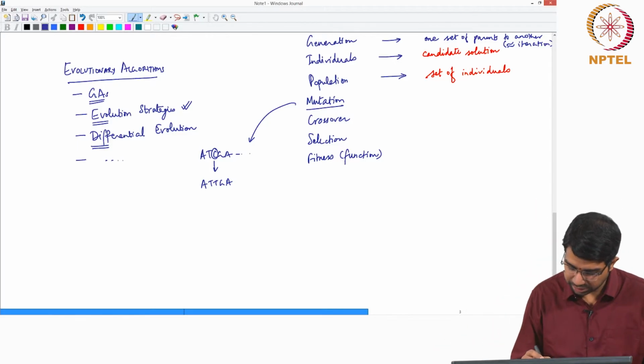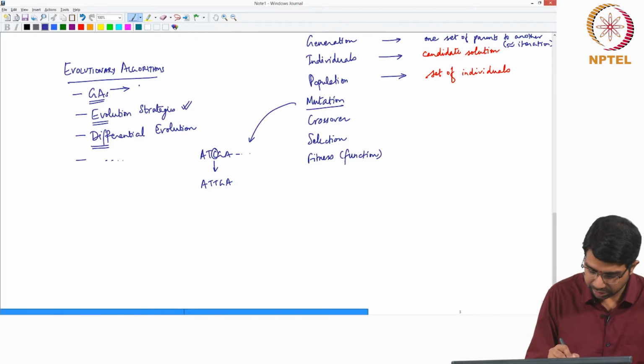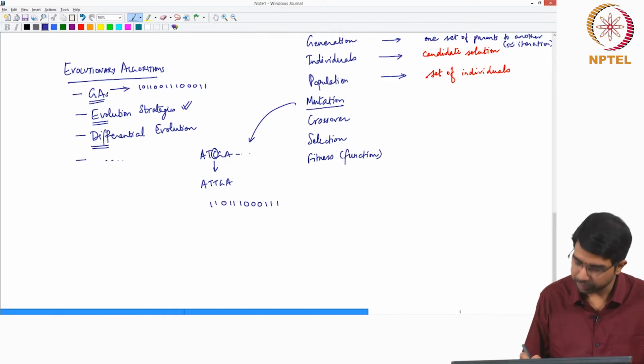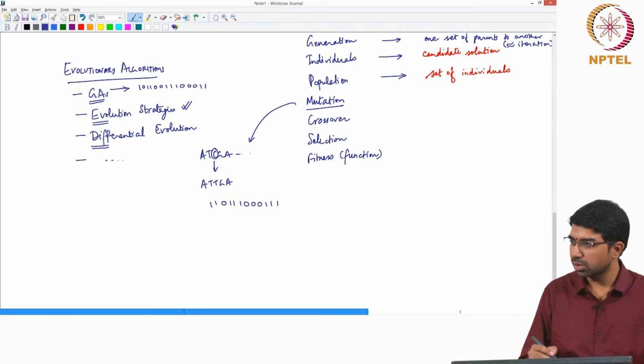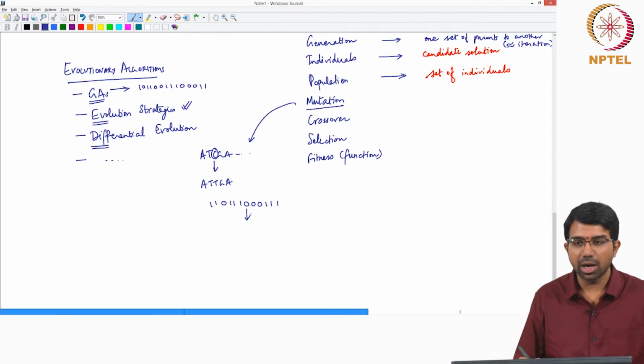Whereas here in this case, for GAs, everything is represented as bit vectors. A bit vector basically is made of bits, zeros and ones, and you want to mutate it. So what you do is you randomly pick a spot to mutate and you flip the bit.